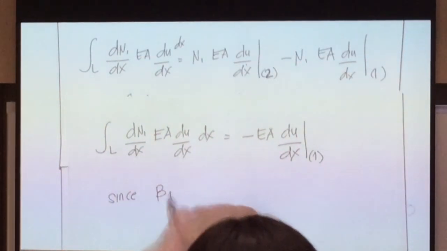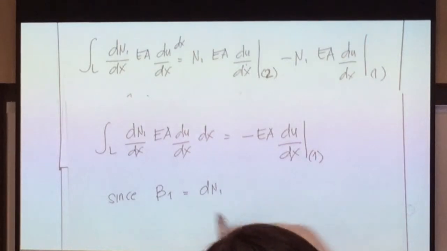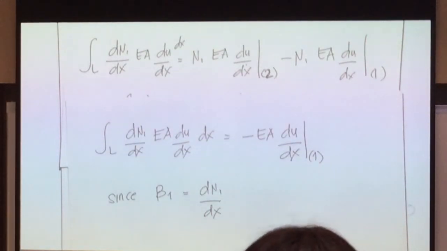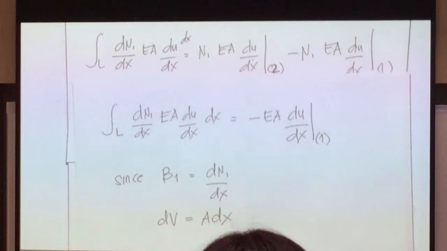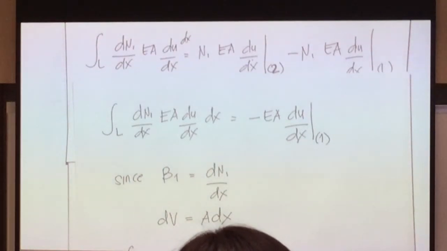Since b1 is equal to EN1 dx, and we have your volume dV is equal to A multiplied by dx, we can now simplify this one to be the volume integral of b1 E du/dx dV.